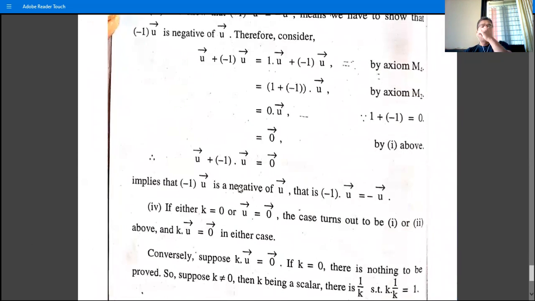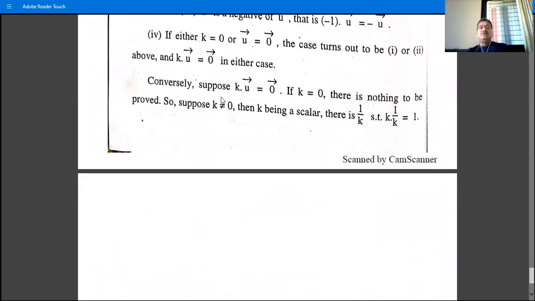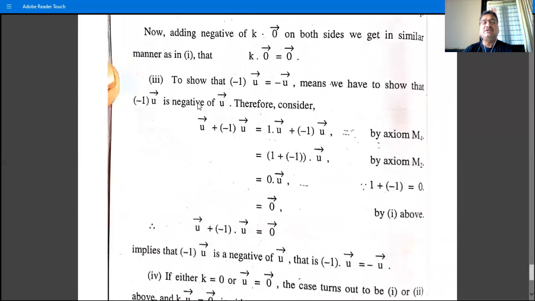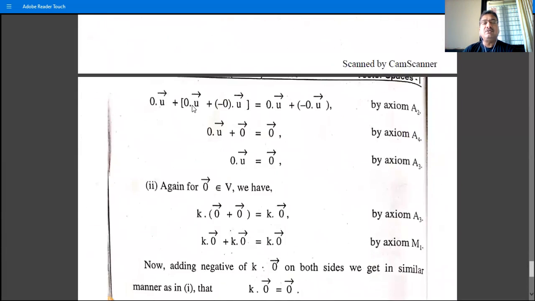So suppose k is 0 or u is 0, then we have ku bar is 0 bar. If k is 0, then there is nothing to prove; either k is 0 or u is 0, so the case turns out to be 1 or 2.